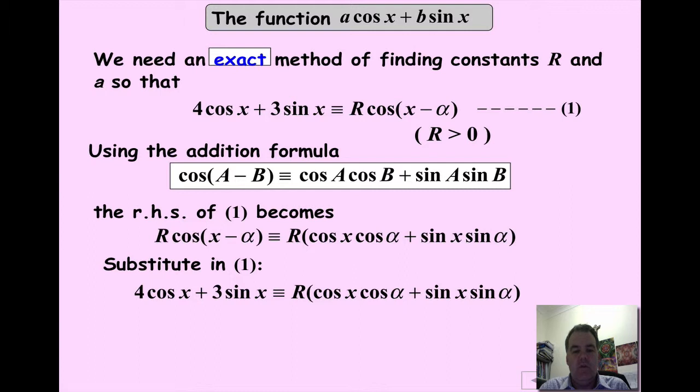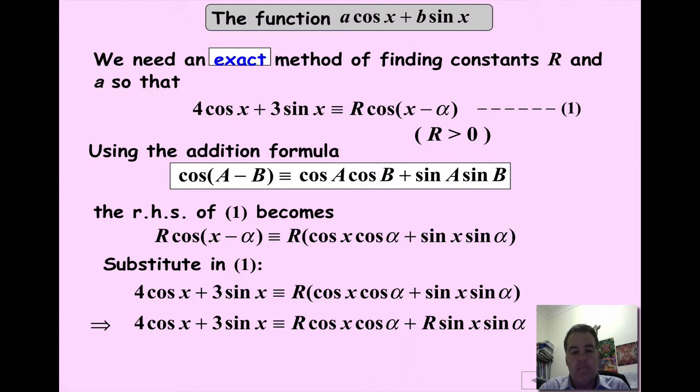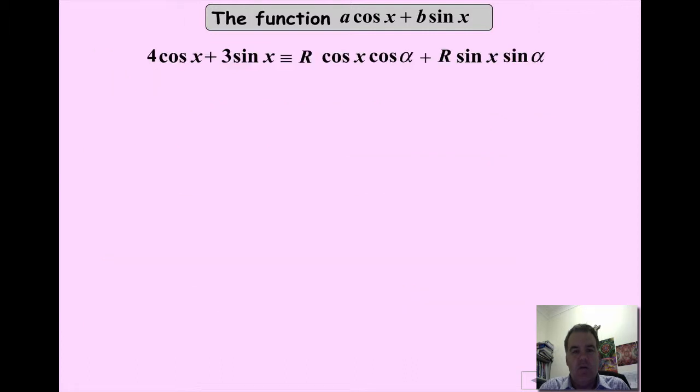Now what I do is look at the left hand side and the right hand side, and compare the coefficients. On the left hand side the number in front of the cos x is 4. On the right hand side the term in front of the cos x is r cos alpha.